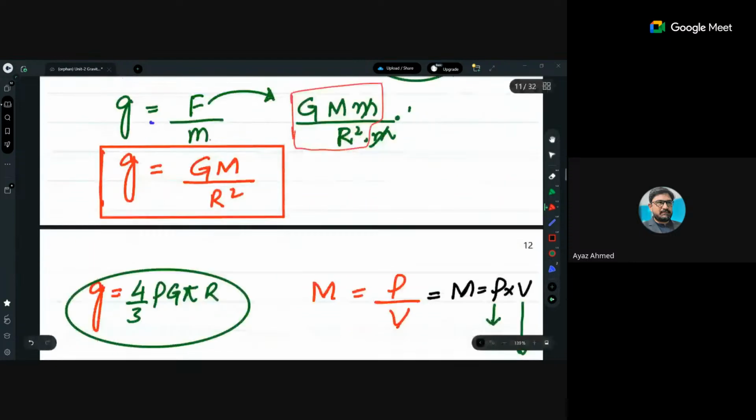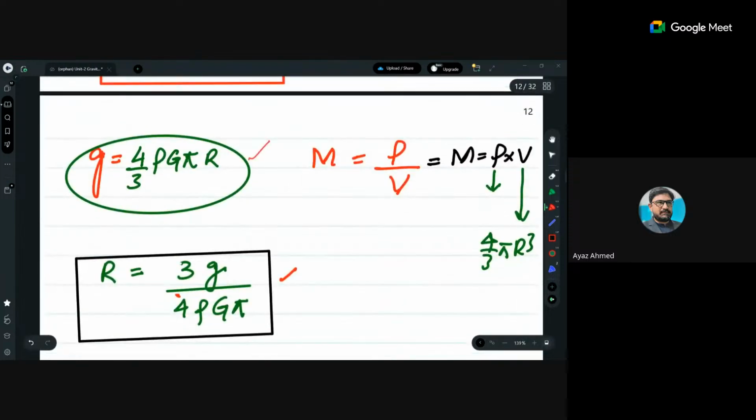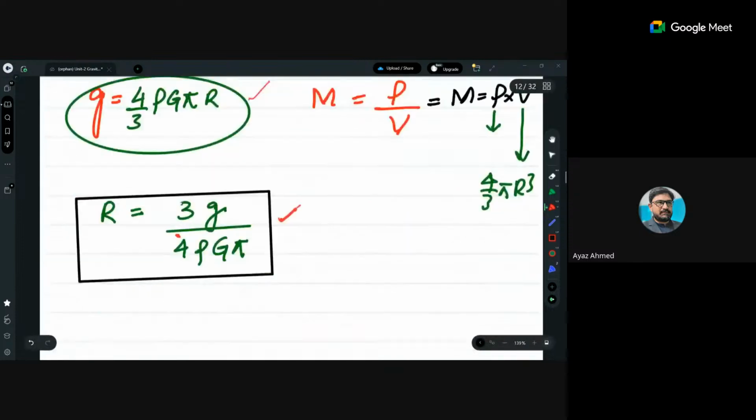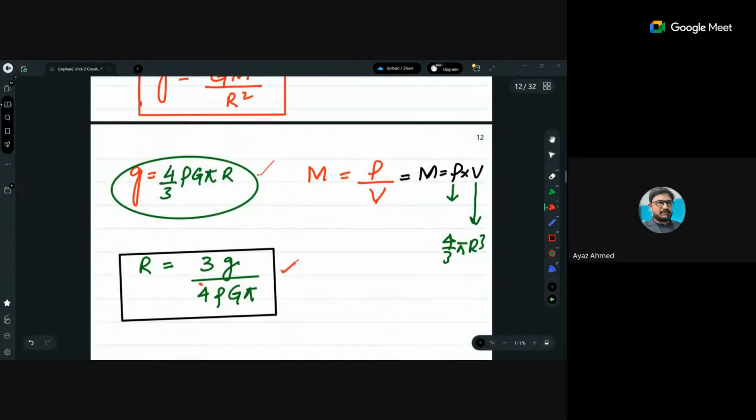If you want to make small g the subject, it would be this one. If you want mass as the subject, you can do that from here. If you want r as the subject, you can derive it. I am not going to derive every step, but you can derive every expression for this all.